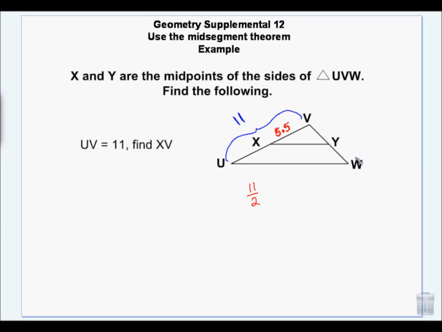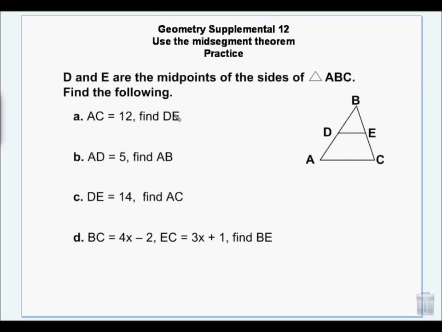If I knew what this length was, because this length is not the same as this length, I don't know. Okay. If we have midpoints, and I know AC is 12, I want to find DE by half, so it's 6.